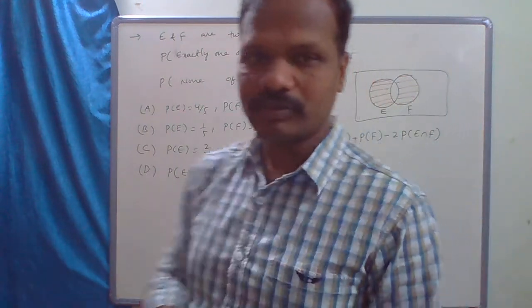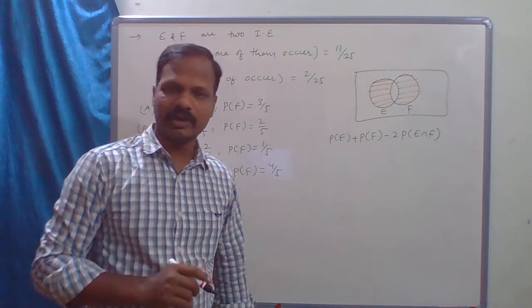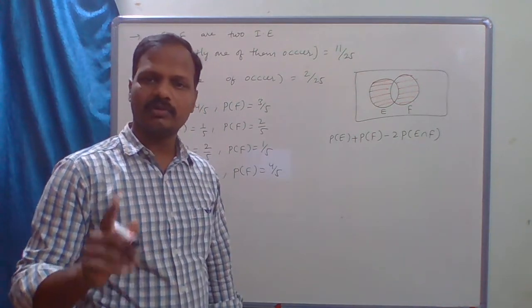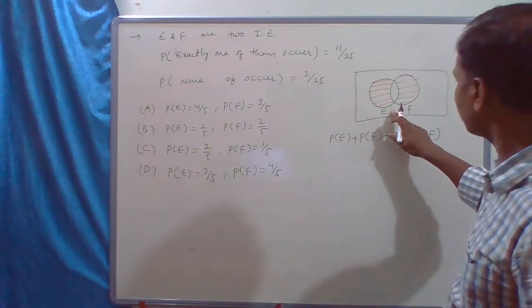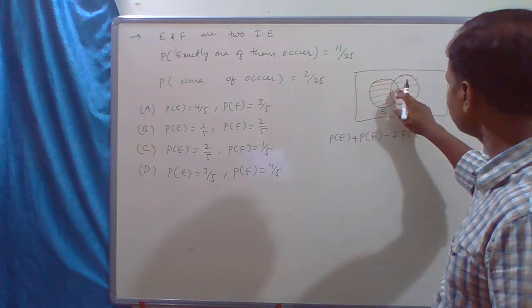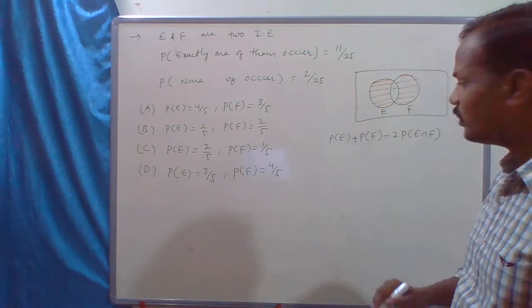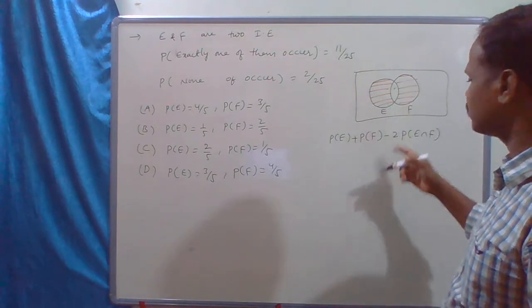So we already saw this in a previous problem. If A and B are two events, exactly one of them occurs, probability of A plus probability of B minus 2 into probability of A intersection B. Because only E occurs means E minus E intersection F. Only F occurs means F minus intersection.